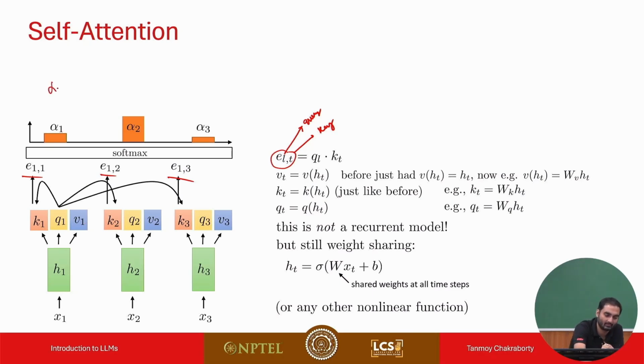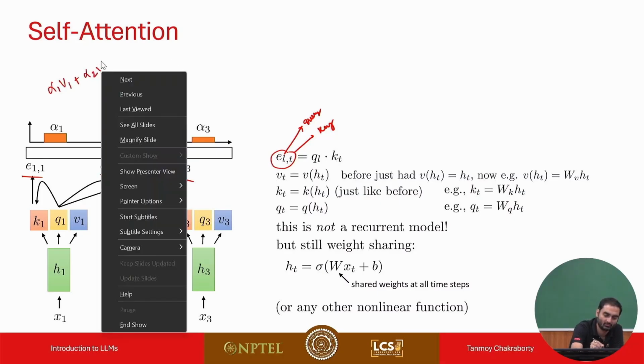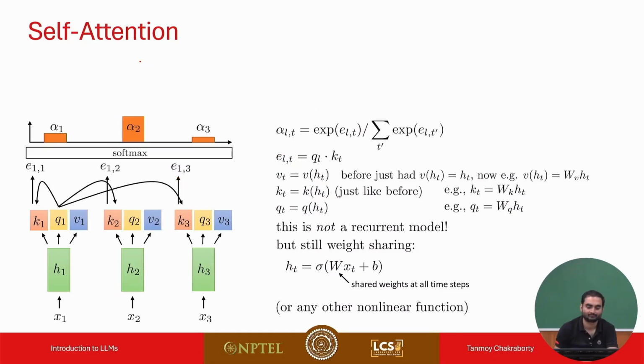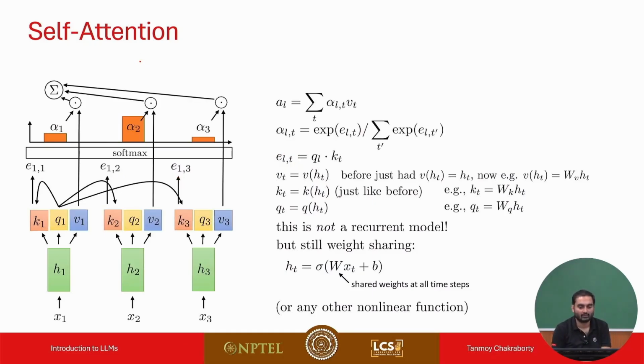So essentially alpha 1 V1 plus alpha 2 V2 plus alpha 3 V3. This is my attention vector A_L.